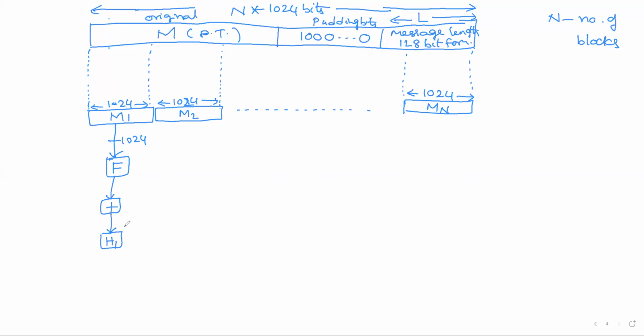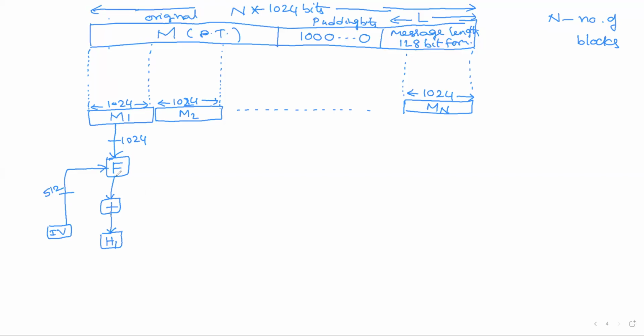To generate this, we use an initial vector also. This is given as input to the round function. It takes the plain text block and this initial vector, which is of size 512 bits.